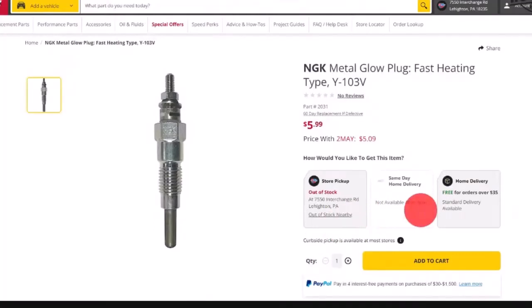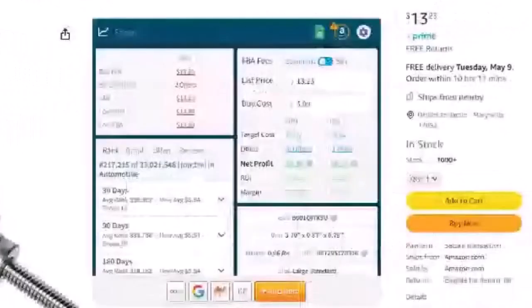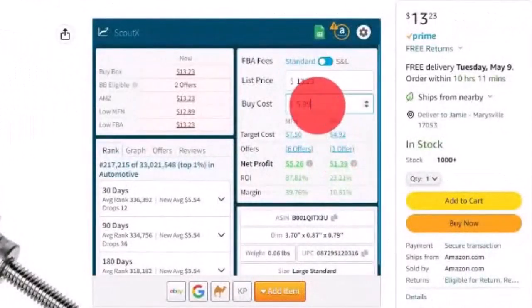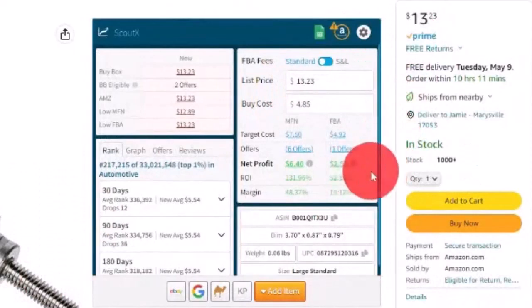We're taking off 19%, so we're looking at $4.85 before tax. Then actually you could make $2.53. Let me see something. That's too much for small and light.